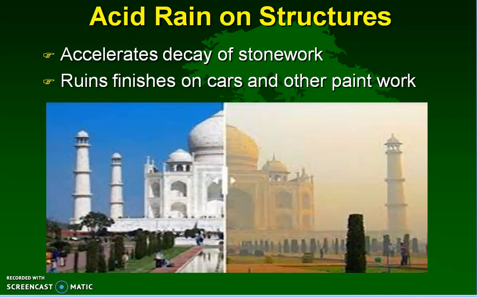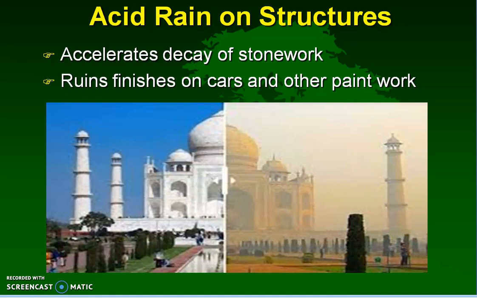You can see two pictures of the Taj Mahal, and in these we can easily see that the quality, the shining, and the color of the marble is damaged and changed due to the fall of acid bearing rain.